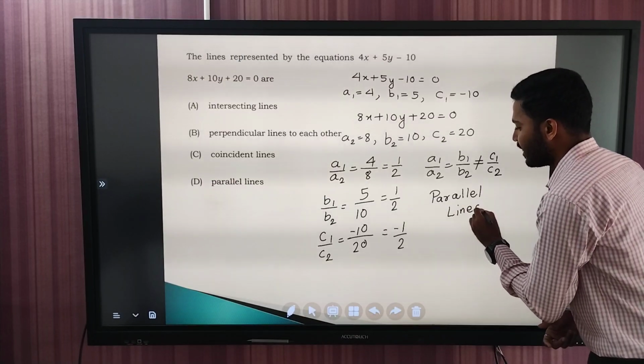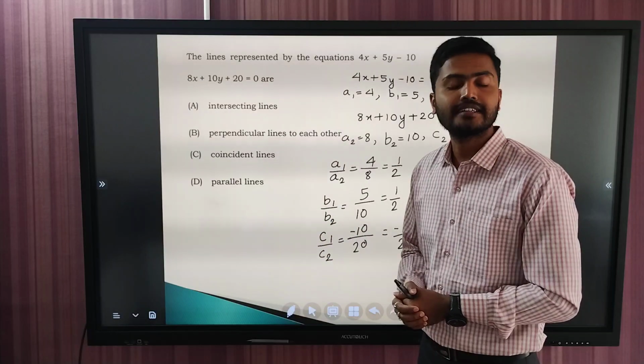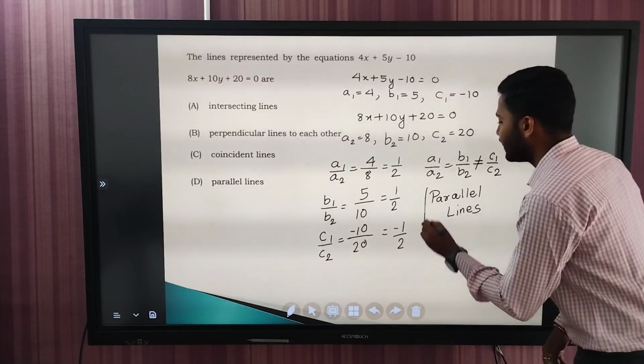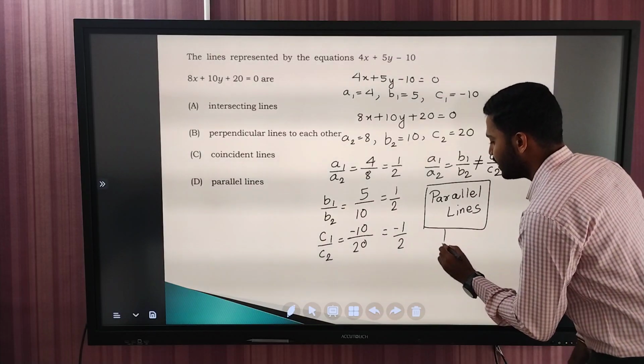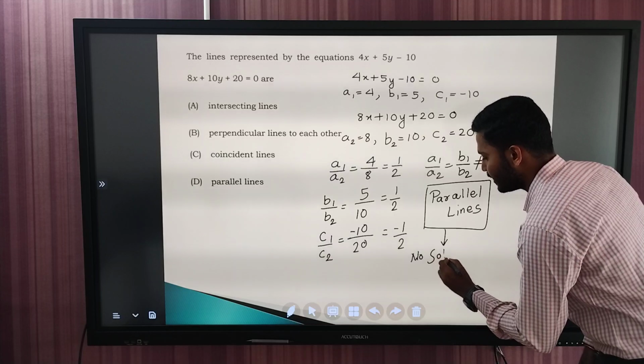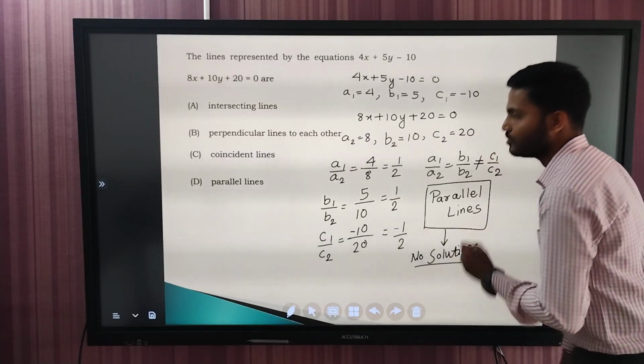And for parallel lines, since they do not intersect, we can say that they have no solution. Okay, so parallel lines do not have a solution, and finally we can conclude this particular pair of linear equations in two variables does not have a solution.